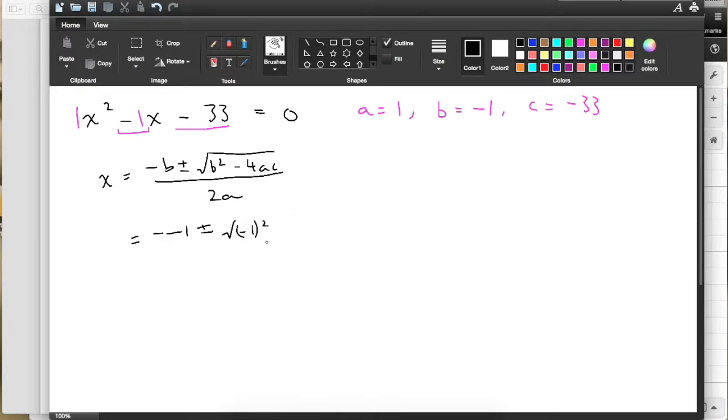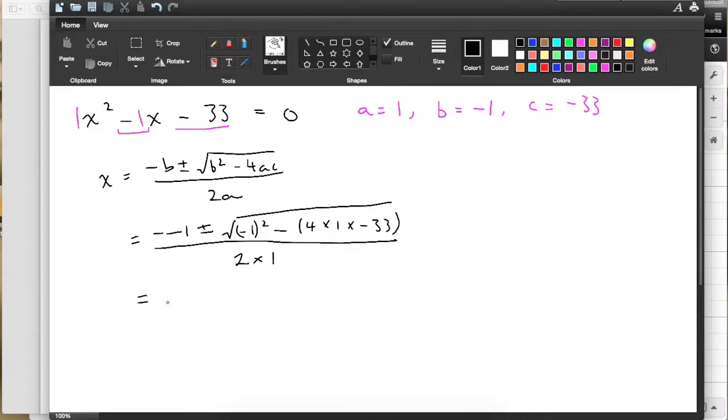Okay, so that would be the correct way to do that. Minus 4ac, 4 times 1 times -33. Okay, that's all under the square root sign, over 2 times 1.